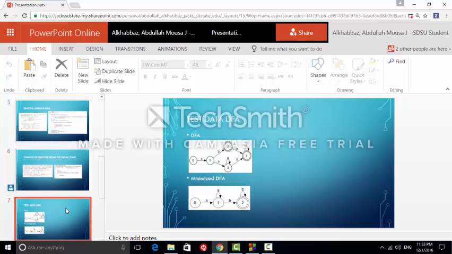Moving on, in this slide we can see the test data that we will be using today to run our code. It shows the original DFA and also the minimized DFA. As you can see, there are a lot of states in the first DFA, and by reducing those, we were able to minimize our DFA.